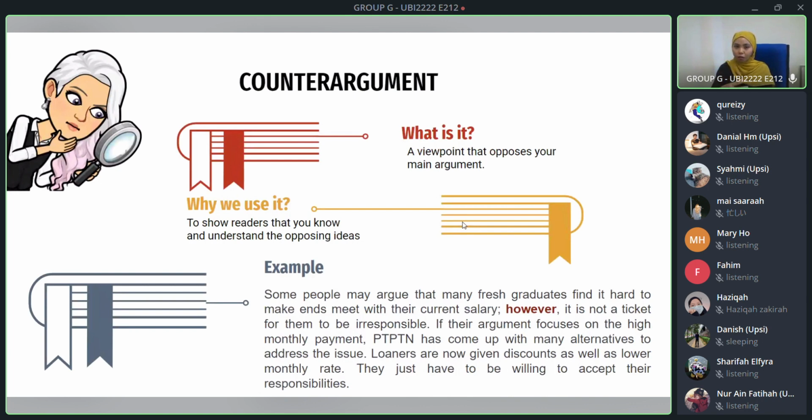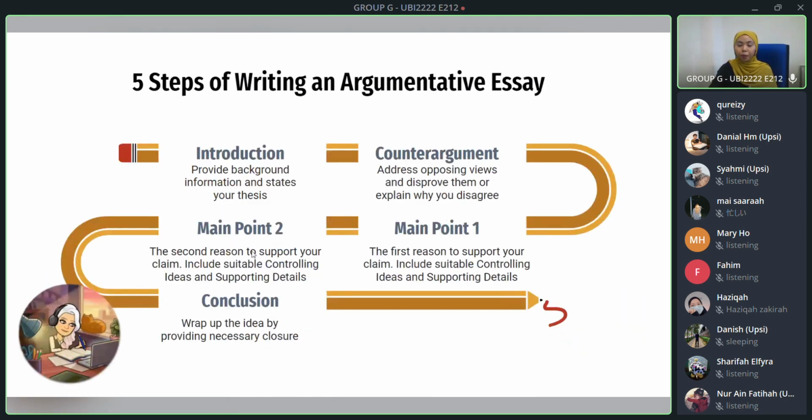So the function of a counter argument is to show readers that you are credible. You have considered both, but you still choose your side. I have looked at both, but I still believe in what I believe in because I disprove them, giving them the reason why I disagree with you. You need to have that. And later on, continue with the main point 1, main point 2.